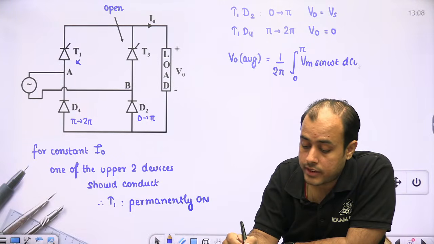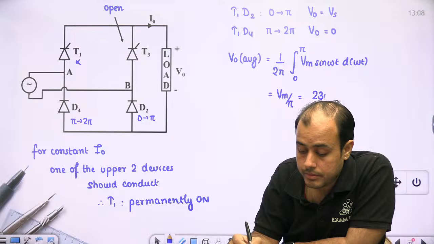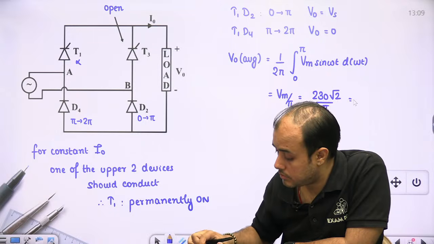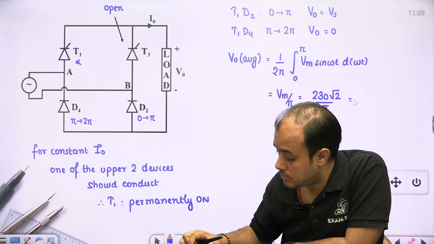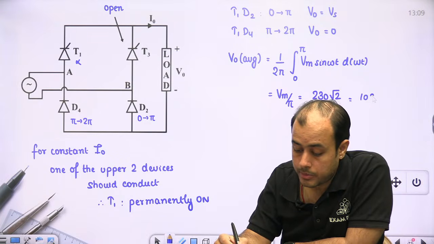So the area of the sine wave is 2. It will come out as Vm by pi. (103.53).